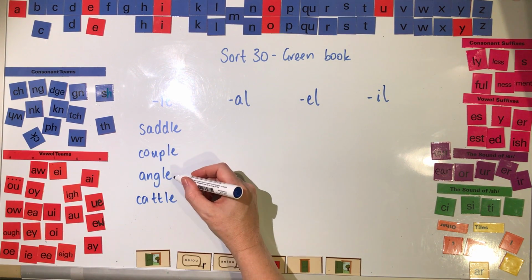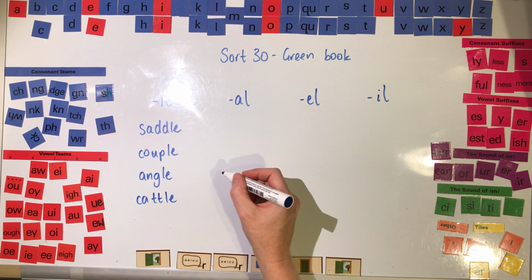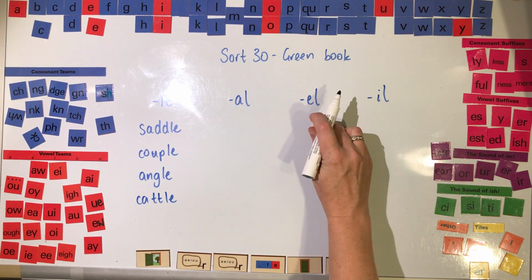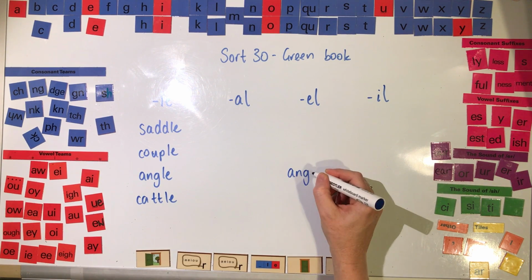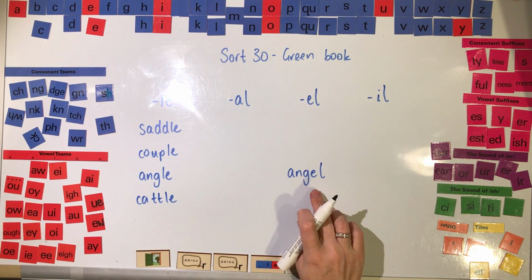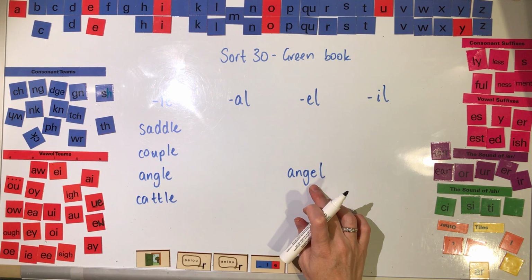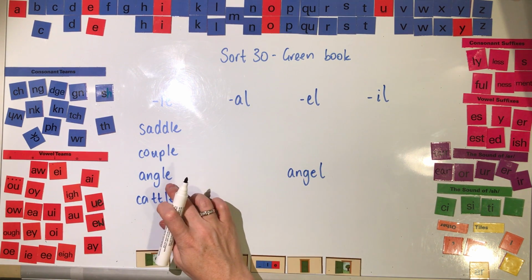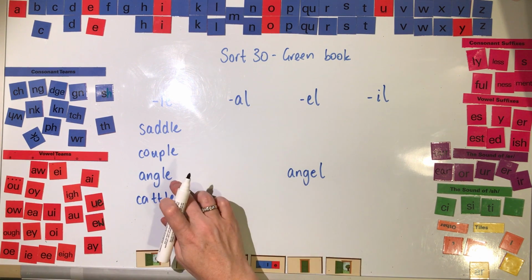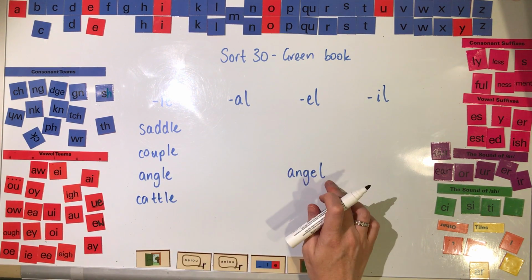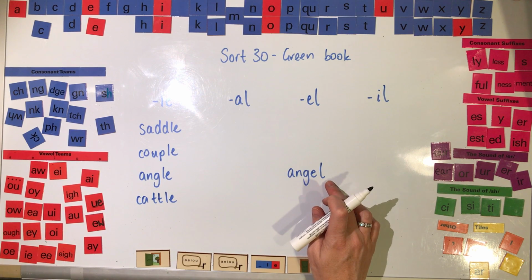Okay, going up to this word angle, I want to point out that we've also got a word that uses the EL ending. That doesn't say angle, this says angel. Angle, angel. They look really similar, and it's very, very common that students will write the wrong one.